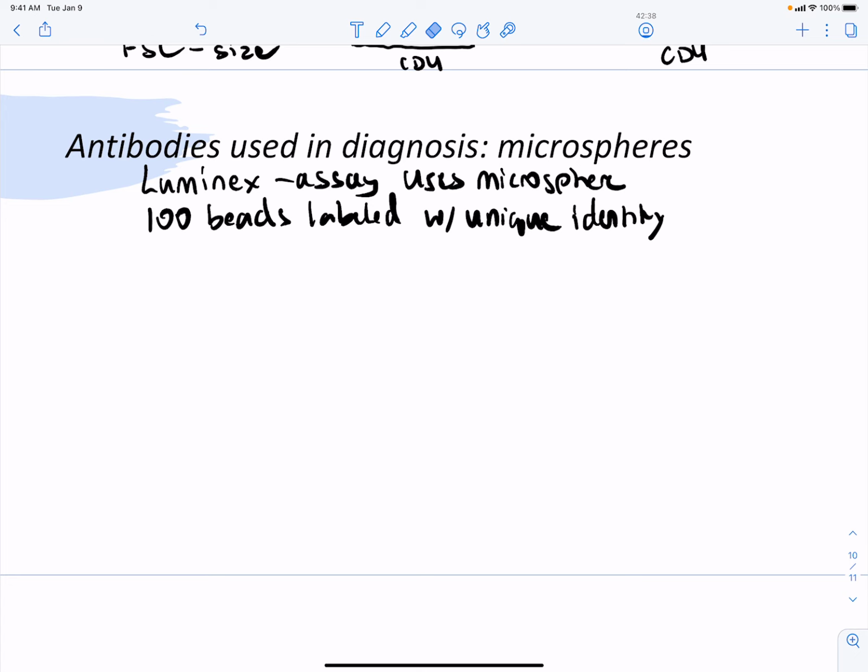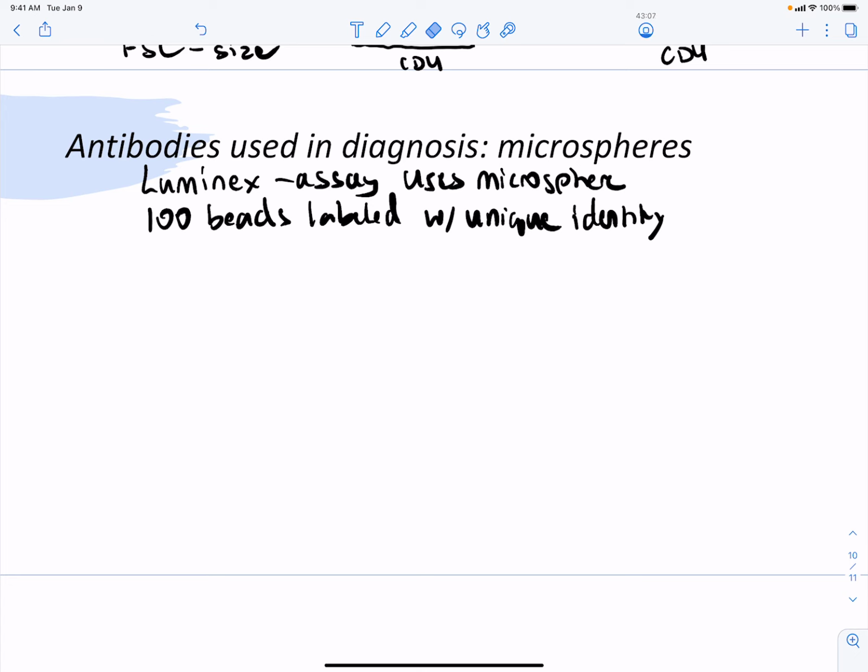So microspheres allow us to look at 100 different things at once. So you can do multiple testing. You can do diagnostic testing. You can look at different proteins in somebody's serum. And there are many things you can do to look at this, but it's all basically the same approach.